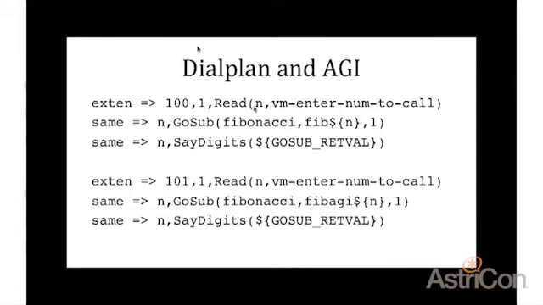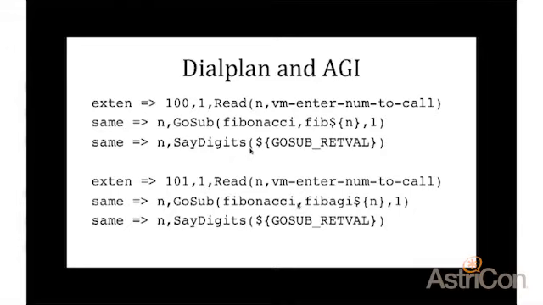You would dial in what number you want, and it's going to write it to a variable called n. I'm going to do a GoSub in the Fibonacci context. Again, I'm using this trick where I've named the extension using a variable. So if I go to extension fib1, it'll give me the first term. If I go to fib10, it'll give me the 10th term, and so forth. And then I'm returning the value with a GoSub retval, and I can use it to say the digits.